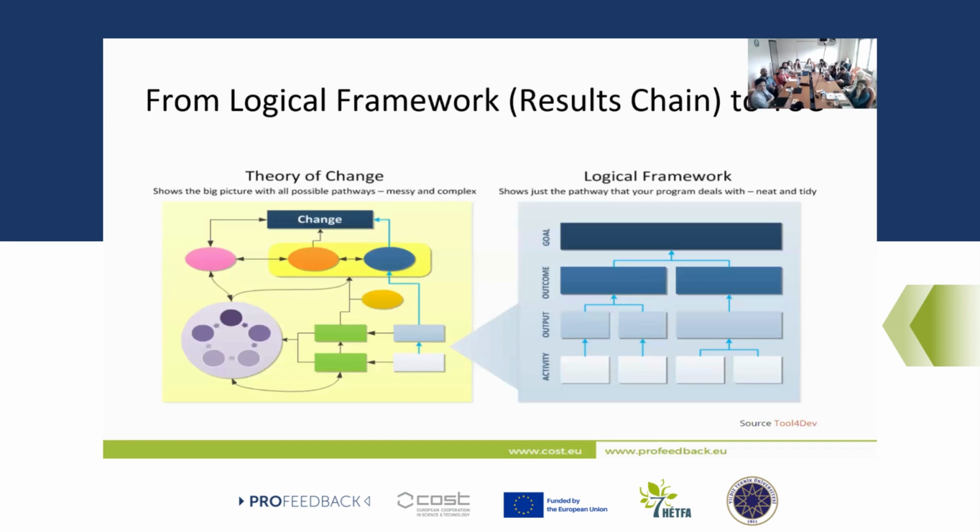As my colleagues said, theory of change is something more complex. It may loop from one side to another, and it may change according to your program and your variables, which may be a little bit more complicated.